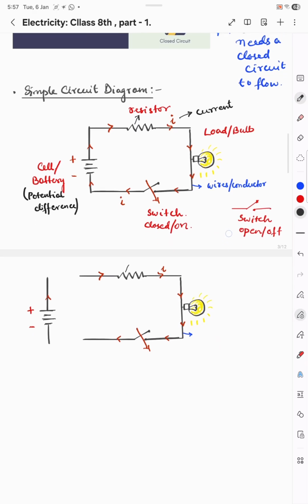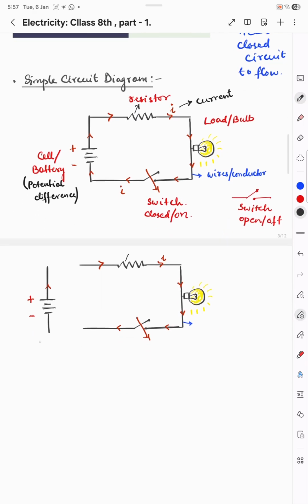Let's see this diagram. So we have a power supply here, which is a battery, and we have the circuit part here. This is the power supply. Now unless we connect this battery to this circuit, there will be no flow of current.